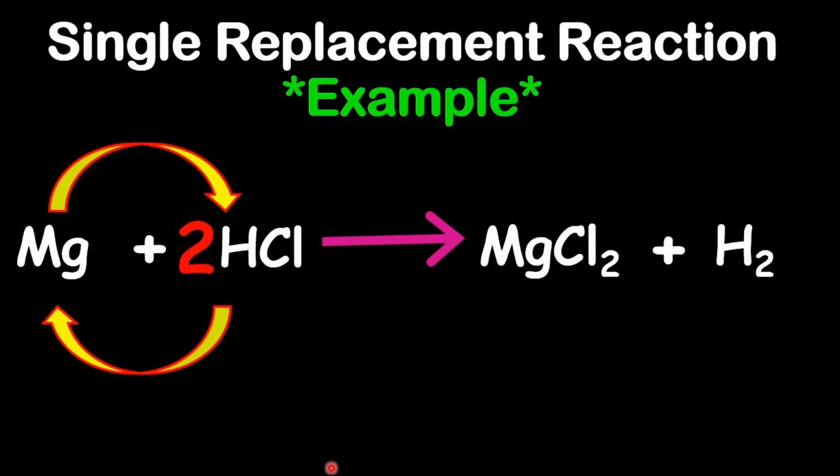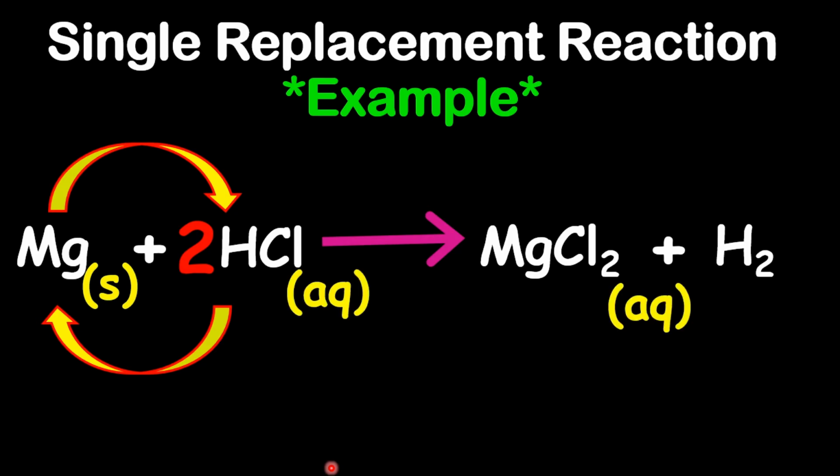To balance this equation, it requires a 2 right there. And then you want to put your states on. So magnesium is a solid. Hydrochloric acid is aqueous. Magnesium chloride will be aqueous for this reaction. And hydrogen is a gas.